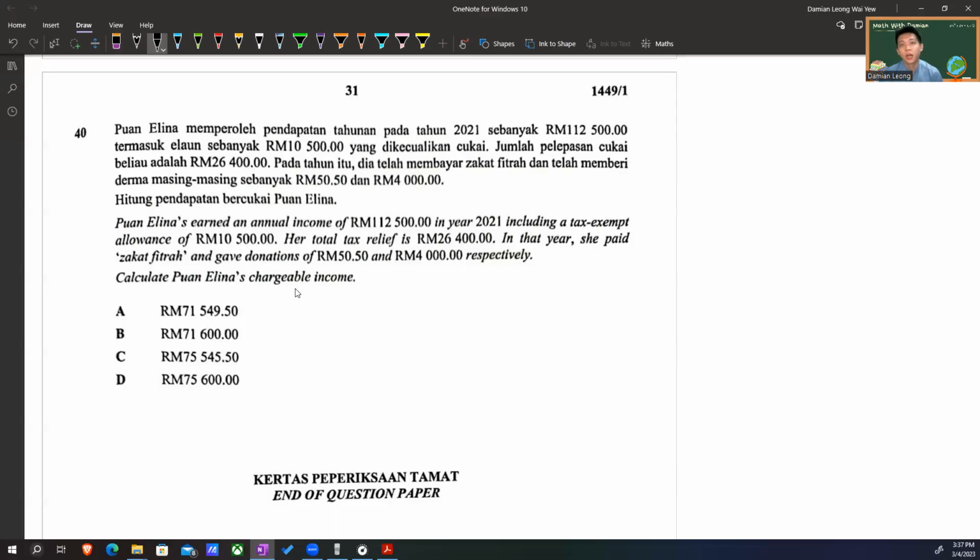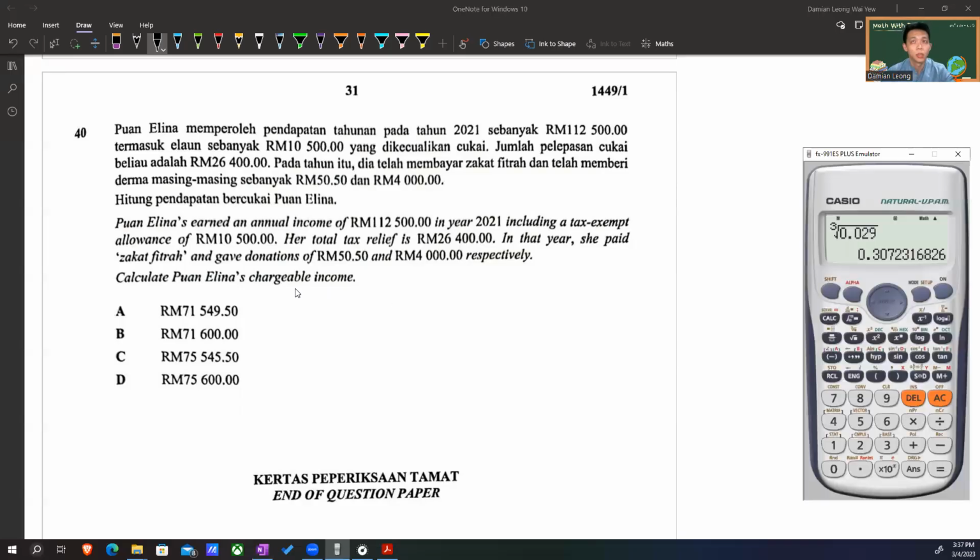So her chargeable income will be the 112,500 minus the tax exemption 10,500 ringgit minus tax relief 26,400 ringgit minus donations 4,000.